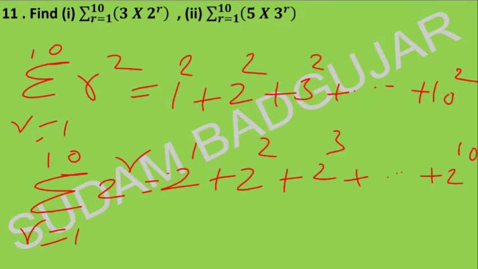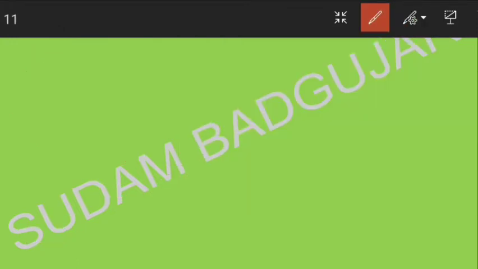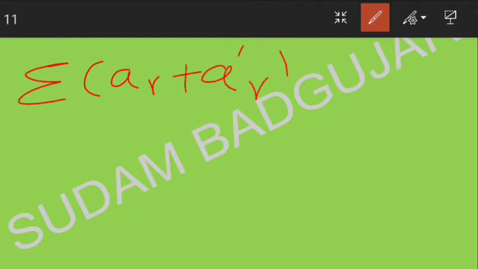Okay, now some properties of sigma notation. Suppose sigma of a r plus a dash r, or I can take sigma of a r plus b r, r goes from 1 to n.